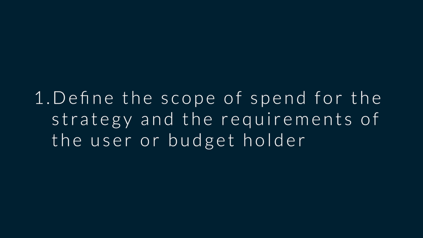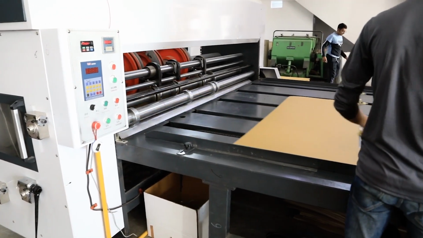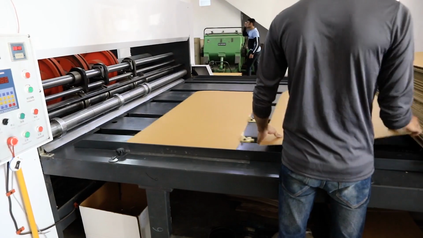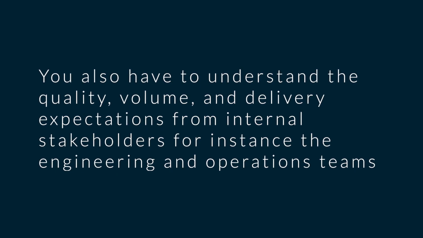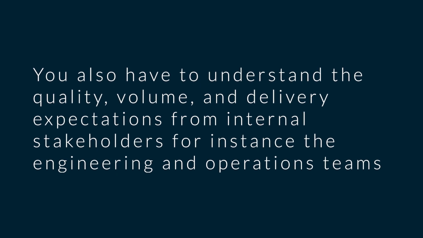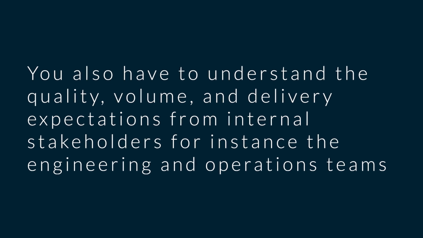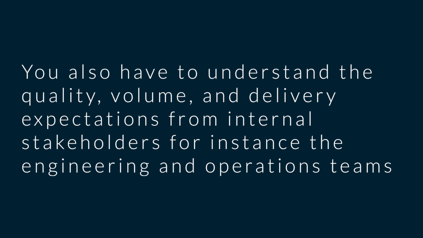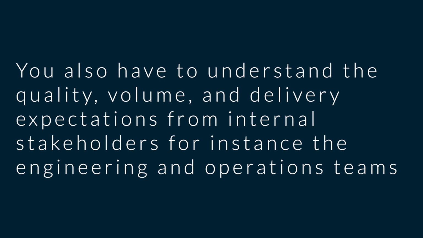Number one, define the scope of spend for the strategy and the requirement of the user or budget holder. And that will mean asking questions like, what do we need to buy? You identify the goods or services that are needed, like raw materials, machinery, components, and services. You also have to understand the quality, volume, and delivery expectations from internal stakeholders, for instance, the engineering and operation teams.